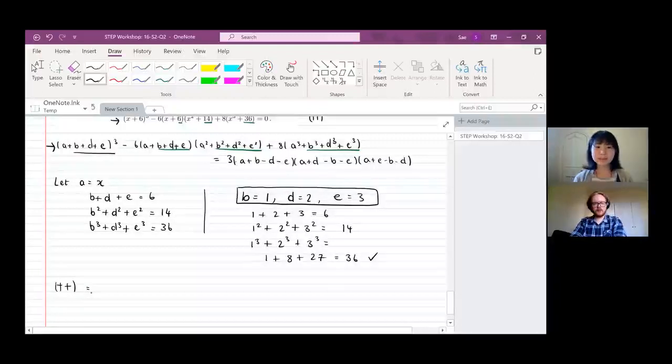And therefore, what is dagger dagger? If we just plug in our A, B, D, and E, this might be 1 or 2 lines on a scrap piece of paper.